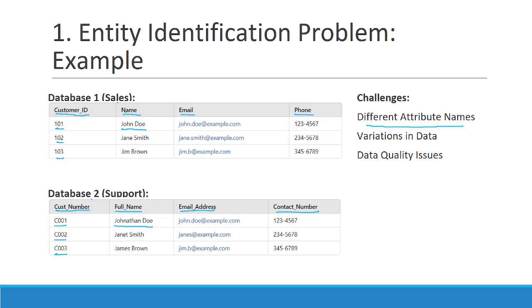So first the challenge is to identify different attribute names which are representing the same data but only the name is different. Then you have to identify variations in data, like in customer ID. Here you can see the customer IDs are stored in a different format, and in database two customer numbers are stored in a different format. So you need to identify these variations in data.